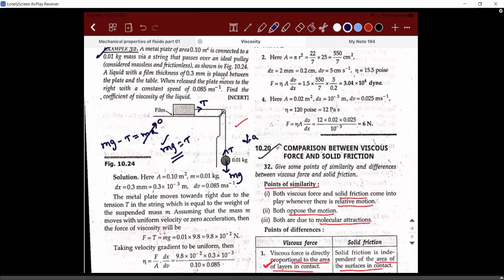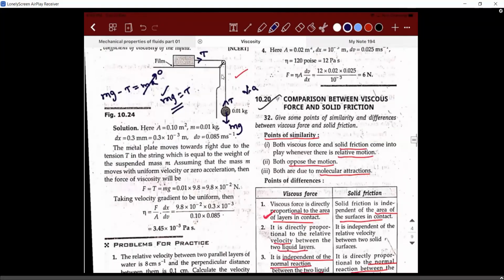So that 0.1 and the 0.1 will get cancelled. So what is the value of dv? 0.085. That will be the denominator. What is the distance? 0.3 into 10 power minus 3. Correct? Solve it, you will get the answer. So the remaining calculation part, you guys can do it later.